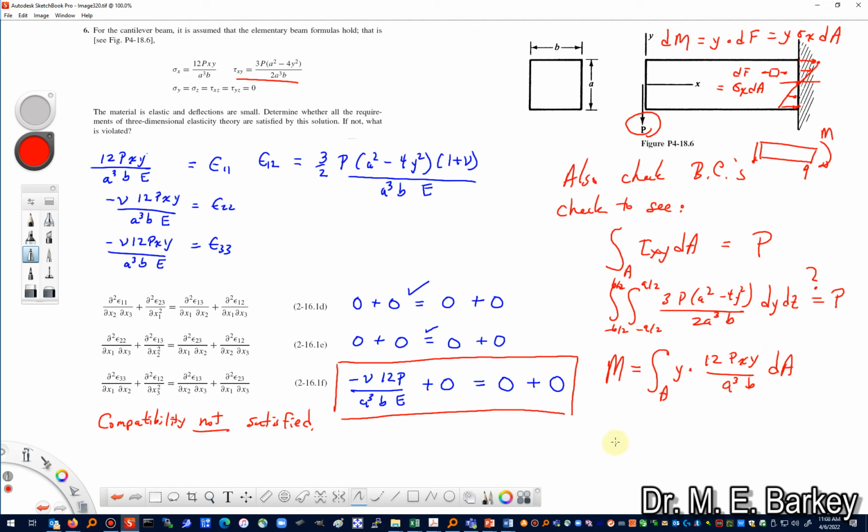And the moment should be equal to, they don't indicate the length of the beam, the moment should be equal to P times L. Okay, so when x is equal to L, then this ought to work out to be the force P times L. So those are some things that you should check in addition to check the boundary conditions and the applied loads in addition to the basic three-dimensional equations of elasticity. Alright, so that's it for this problem 4.18 number 6.